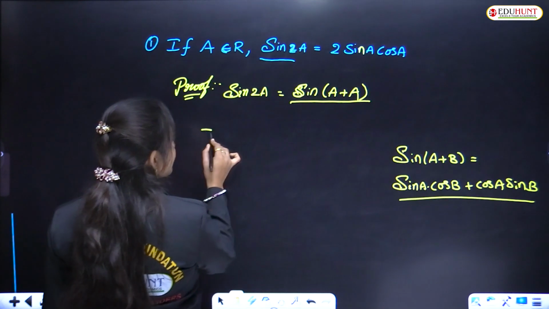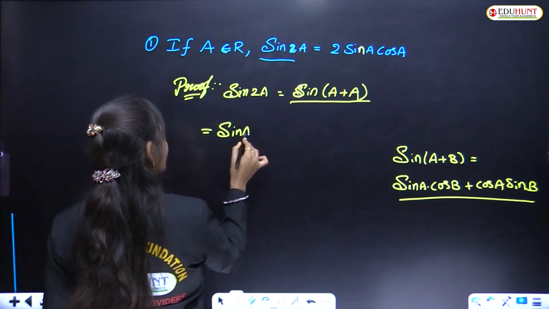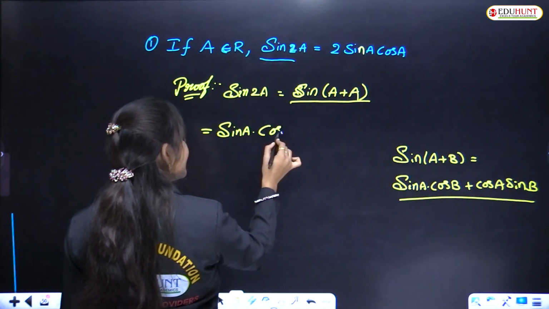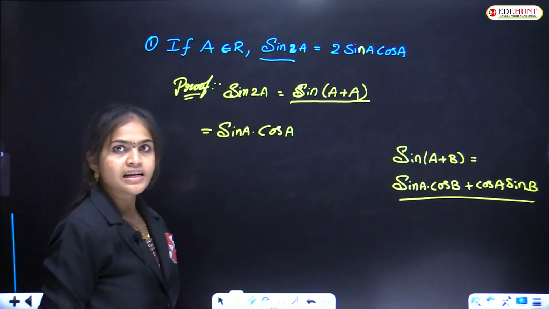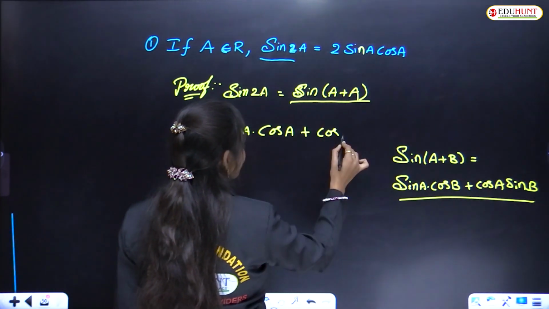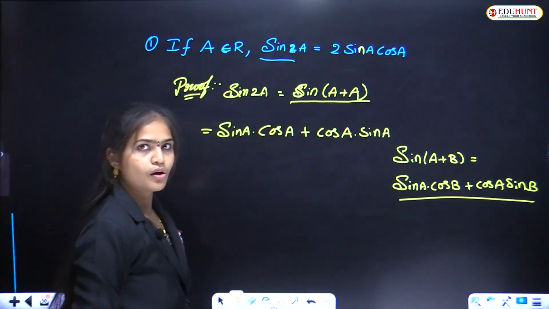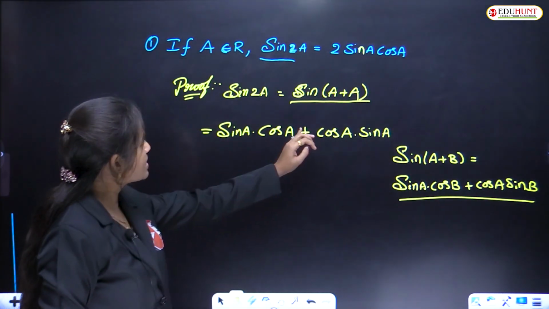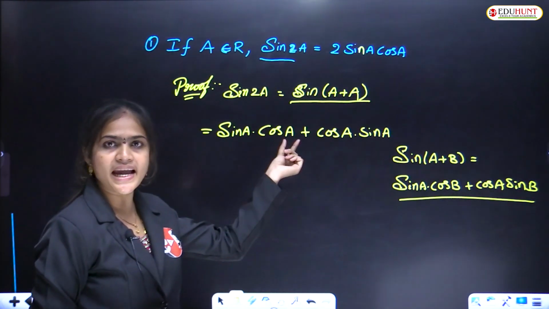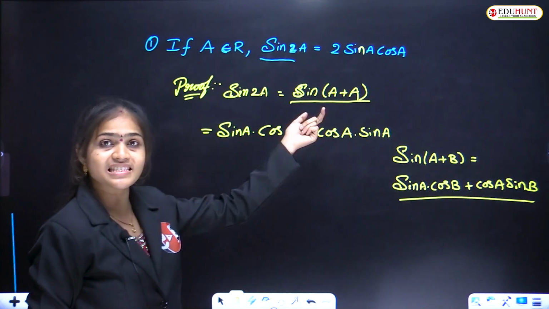Okay, so sin of A plus A. So sin A, and here cos B. In the place of B we also have A only, no? So that's why here, sin A cos A plus cos A sin A. Just observe that: sin A cos A plus cos A sin A. Those two have the same angle, A only, and they are in a product.